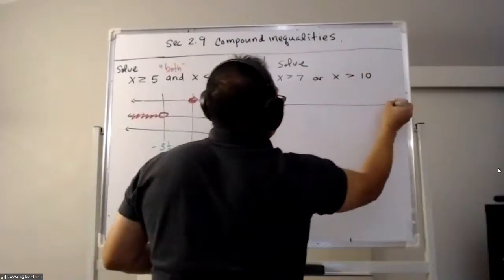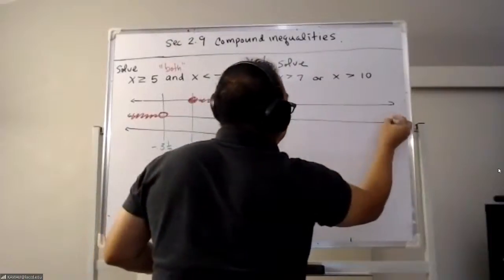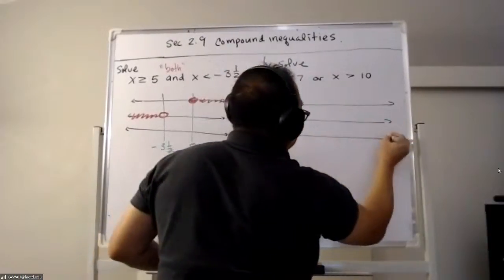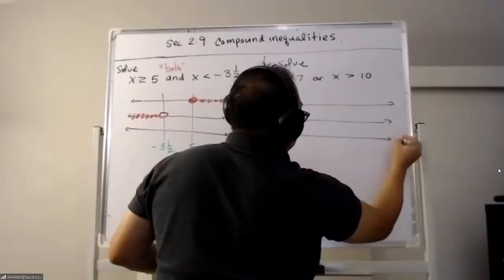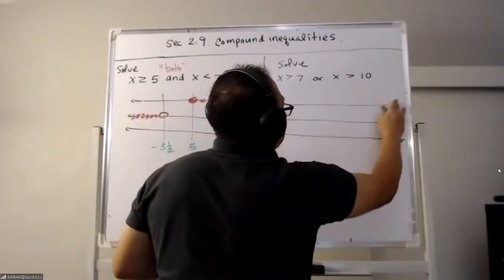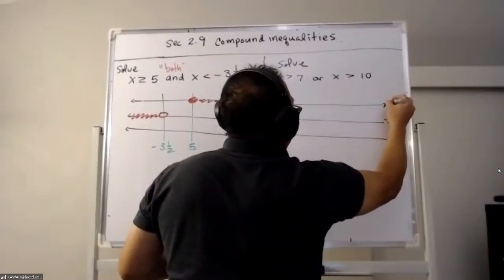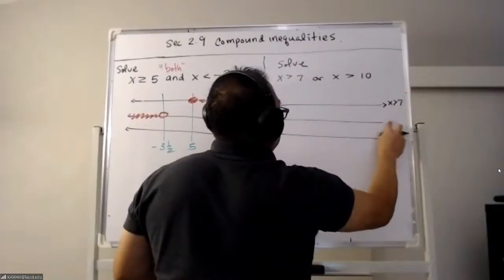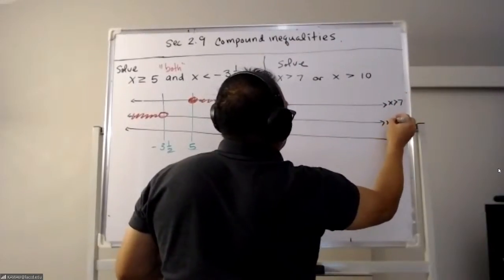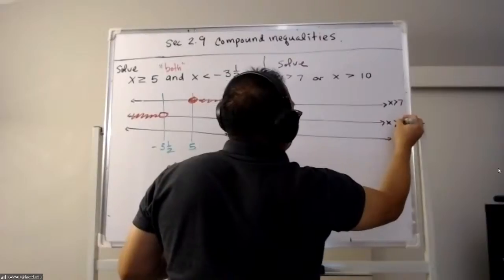Okay. So the setup is exactly the same. And this is x greater than 7, x greater than 10.